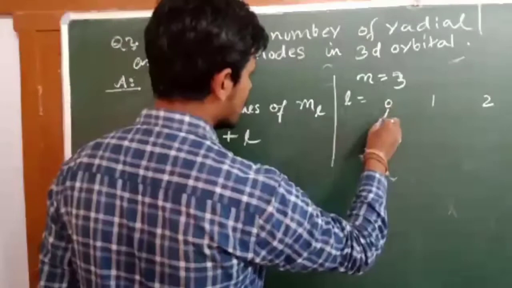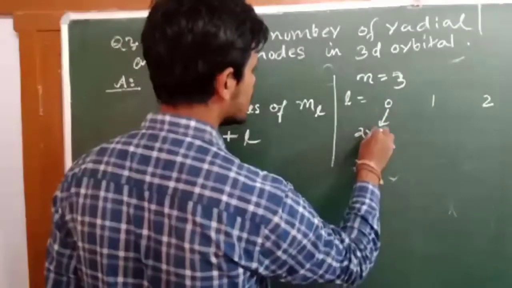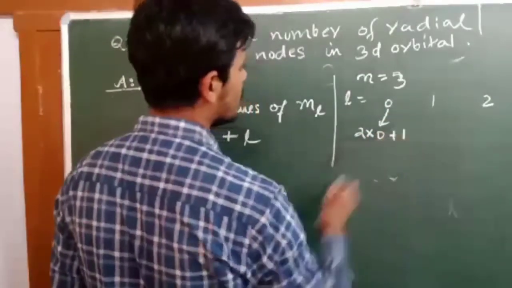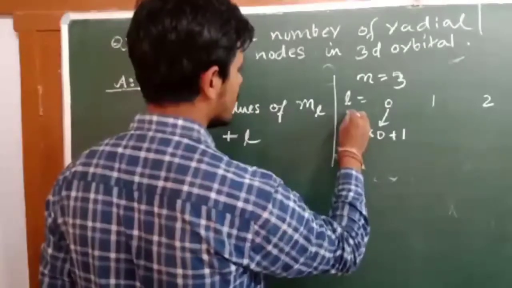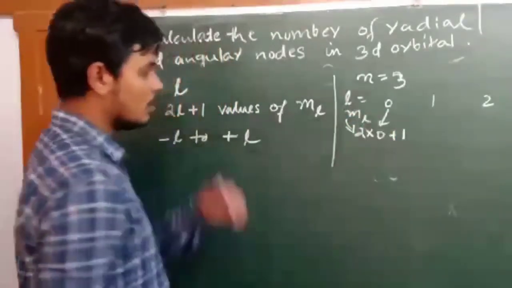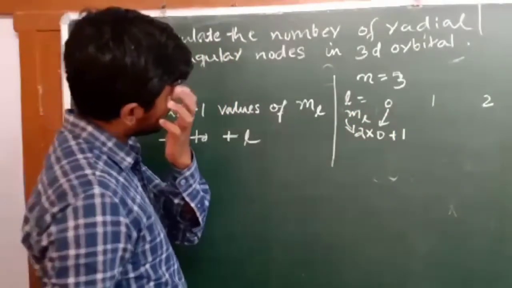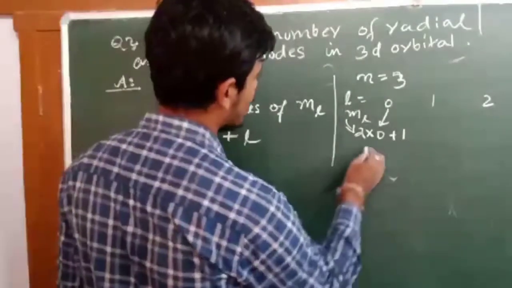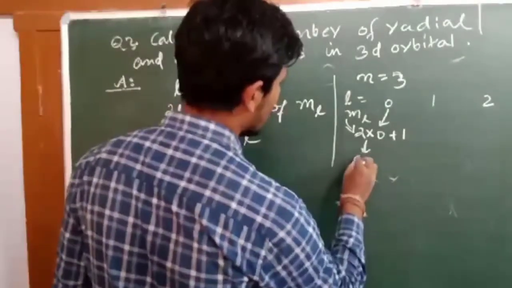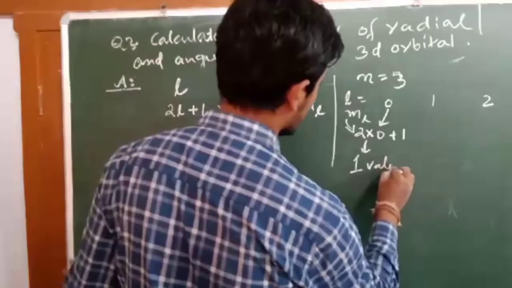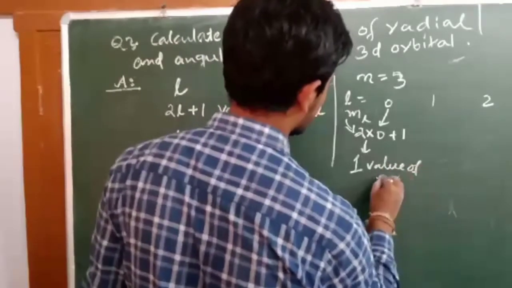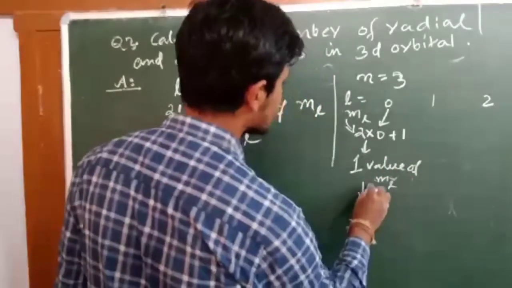When l equals 0, there will be 2l plus 1 values of ml, that is 2 into 0 plus 1, which equals 1 value of ml, that will range from minus l to plus l.